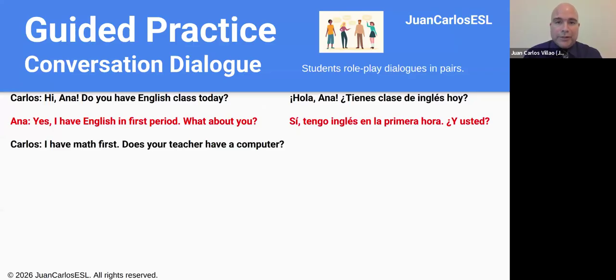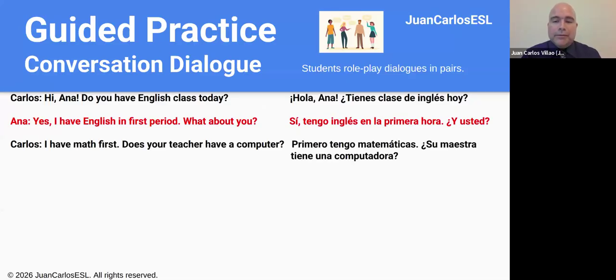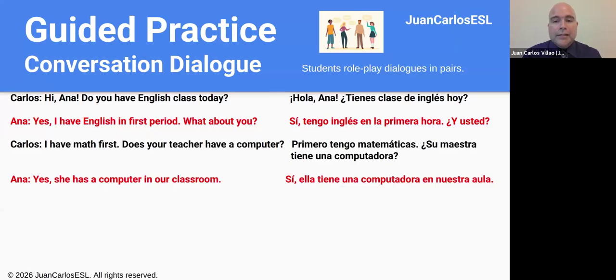Carlos responds, the dialogue continues. "I have math first. Does your teacher have a computer?" Primero tengo matemáticas. ¿Su maestra tiene una computadora? Anna responds saying, "Yes, she has a computer in our classroom." Sí, ella tiene una computadora en nuestra aula o nuestro salón de clase.